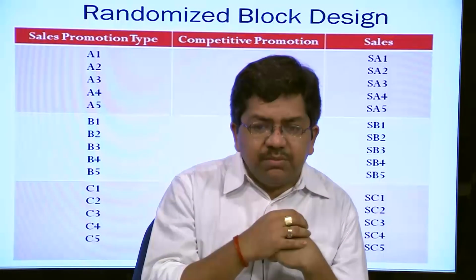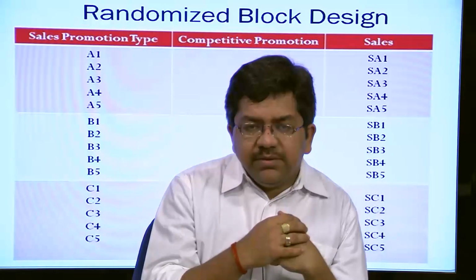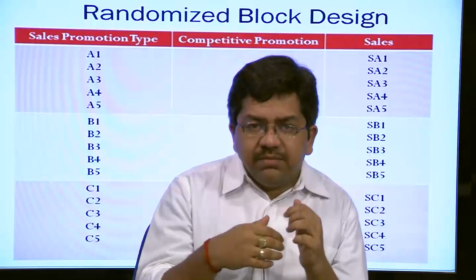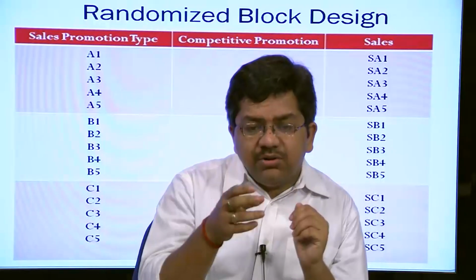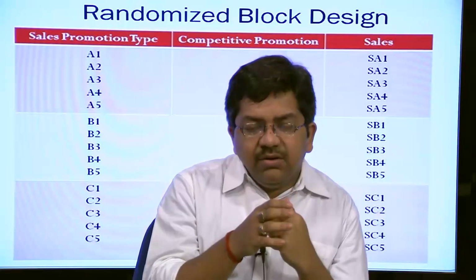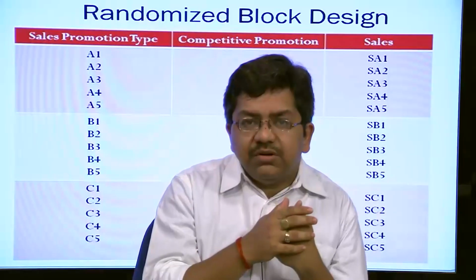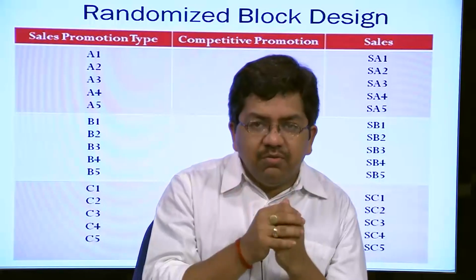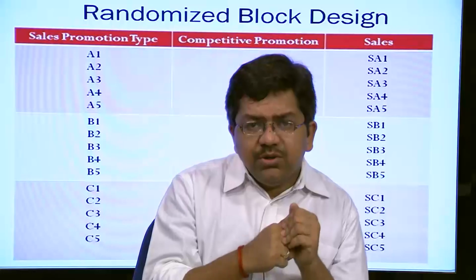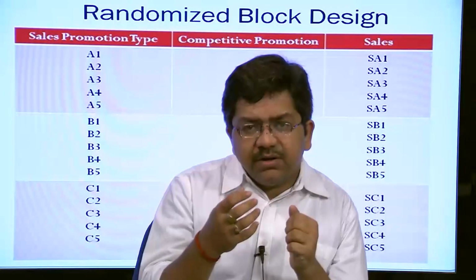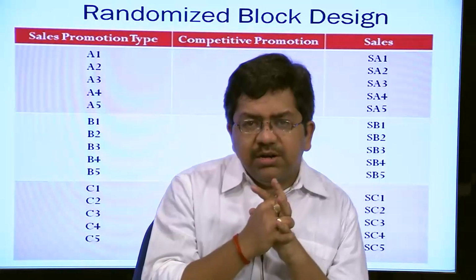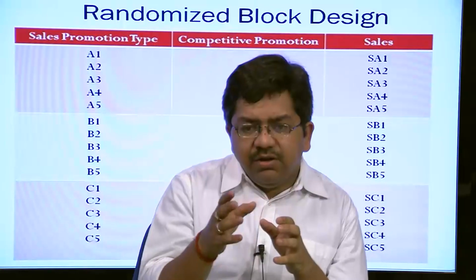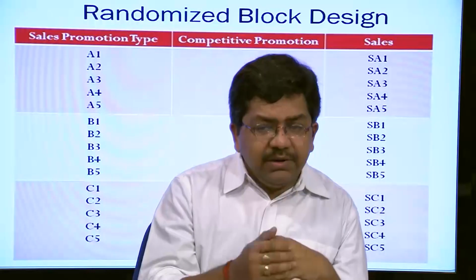The competitor's level of promotion has been measured at the time of the experiment, and those are controlled. Now, you understand the exact role of the sales promotion on the overall sales, removing the effect of the competitive promotion. So, you are able to control the effect of one extraneous variable, which affects the dependent variable, through this randomized block design.